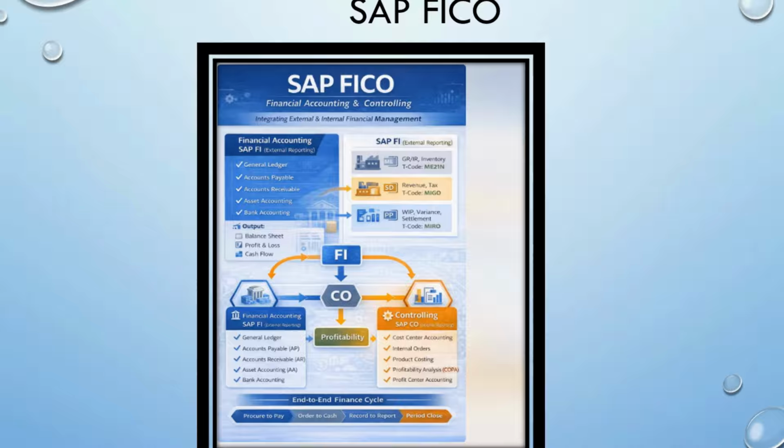SAP FI has general ledger, accounts payable, accounts receivable, asset accounting, and bank accounting. The output is the balance sheet, profit and loss account, and cash flow. And SAP FI is about external reporting.